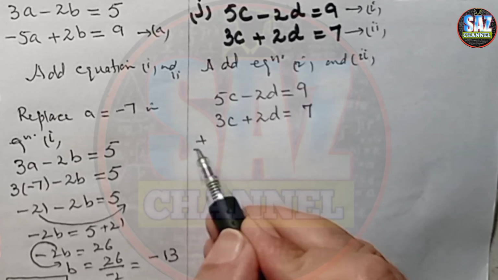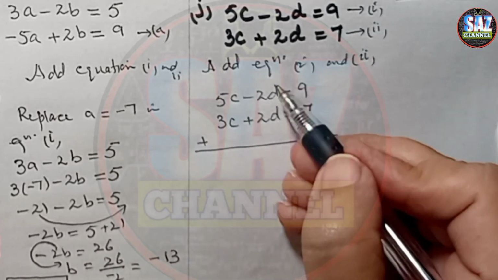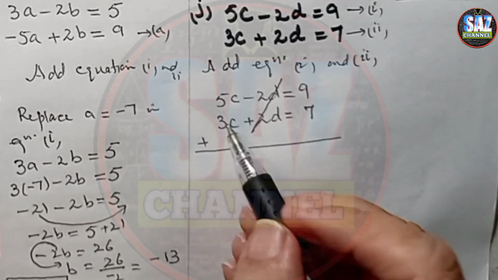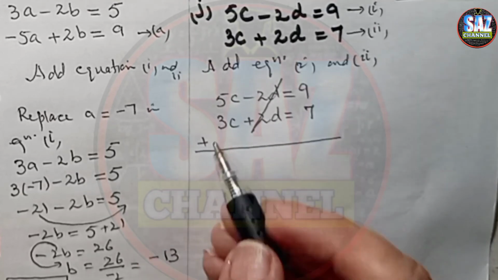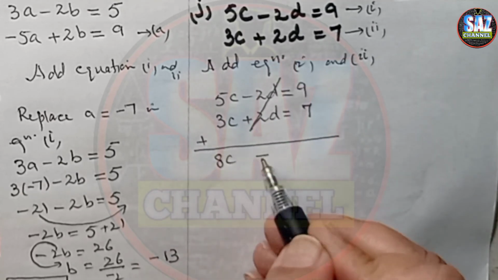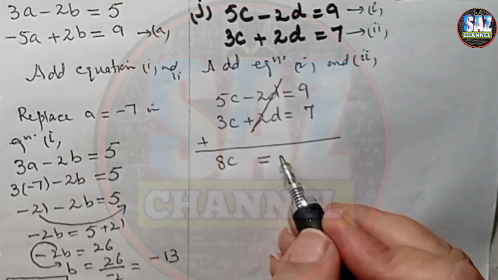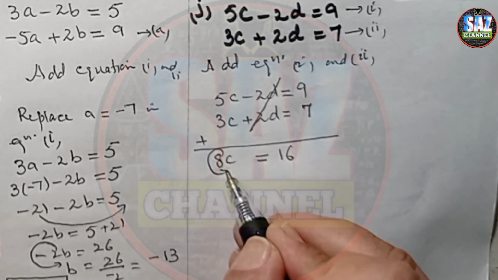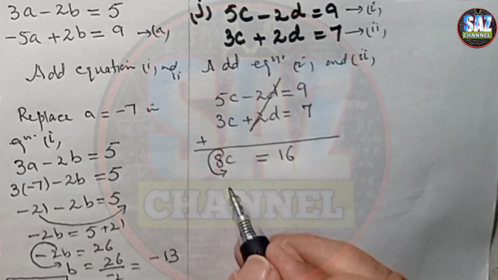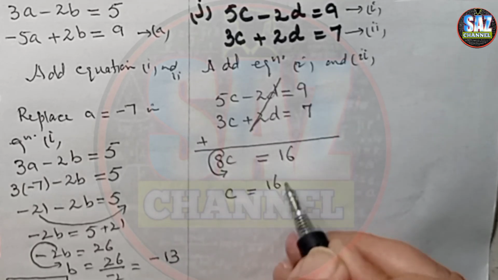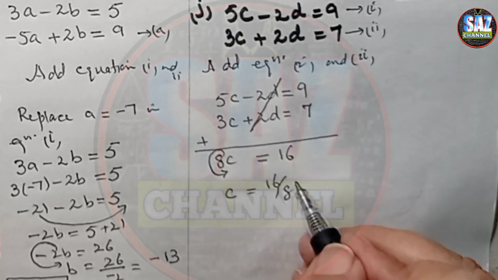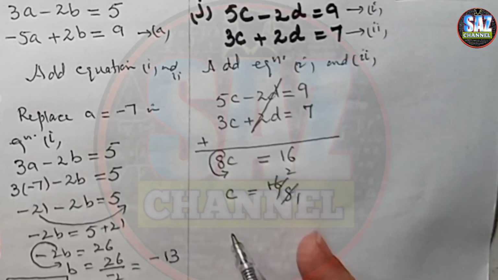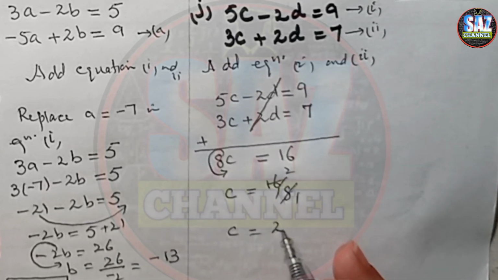As we are adding, this is a sign of addition. Now I can remove this d with this d, and 5 and 3 is 8. 8c equals 9 and 1 is 10, and 6 is 16. Now in order to get the value of c, I have to shift this 8 to the other side. So c equals 16 by 8, and c equals 2.